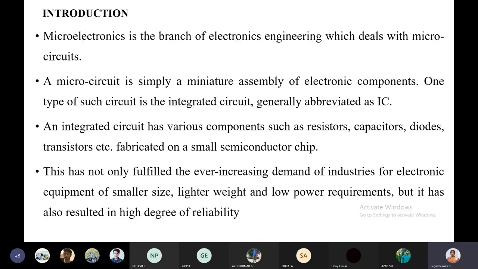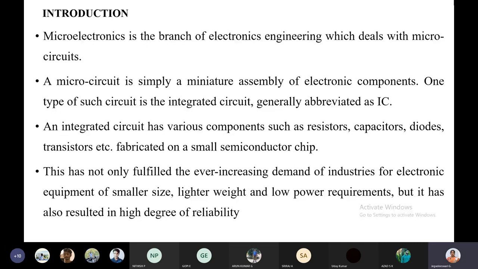Here I'm talking about electronics components such as resistor, capacitor, diode, transistor, and all the electronics components. So a microcircuit is a tiny, small assembly of these electronics components.